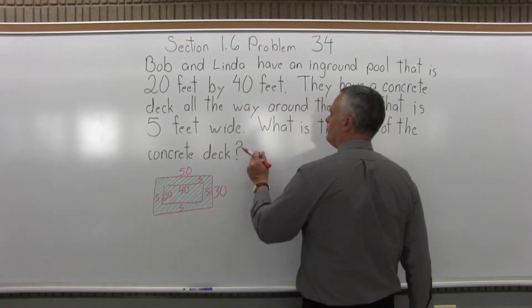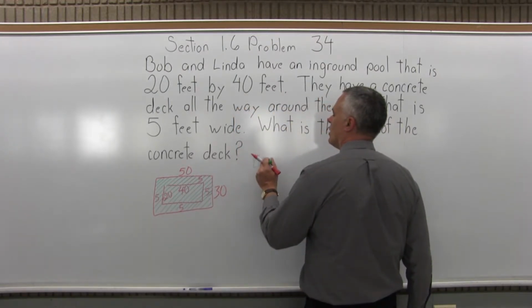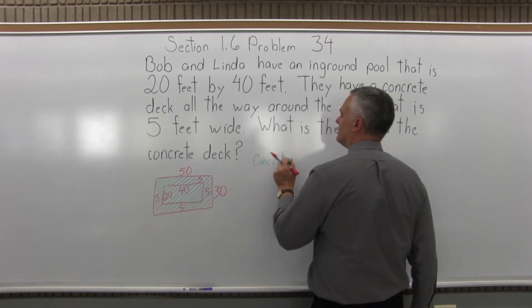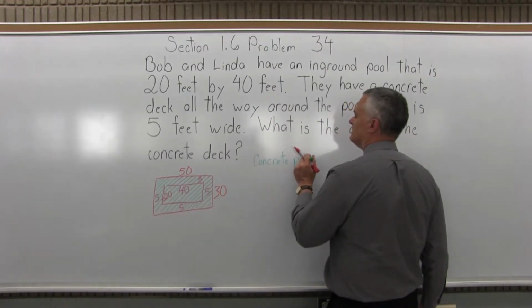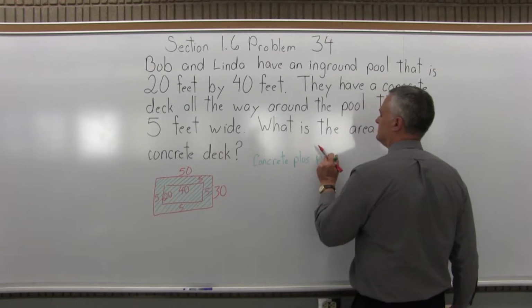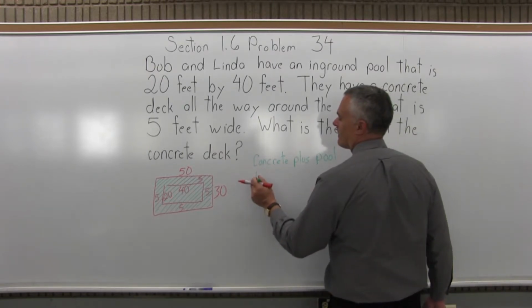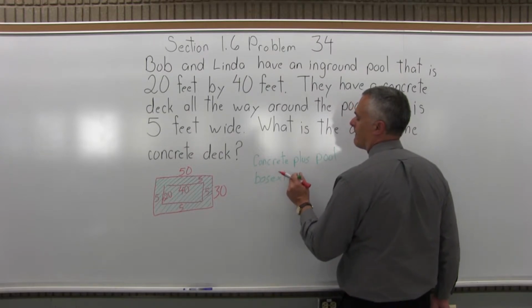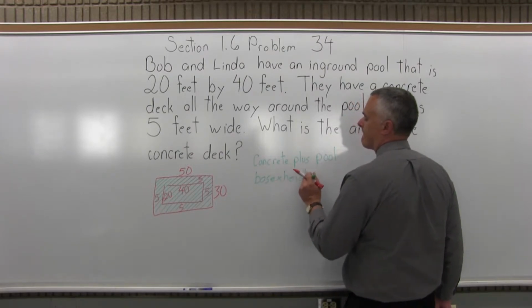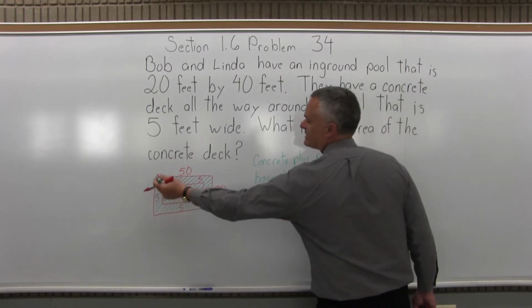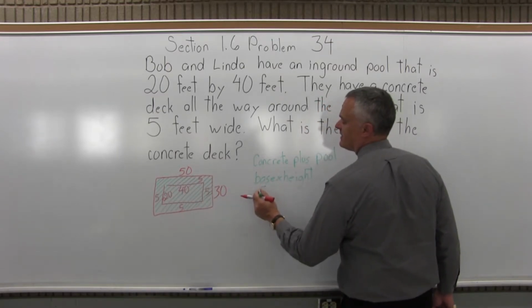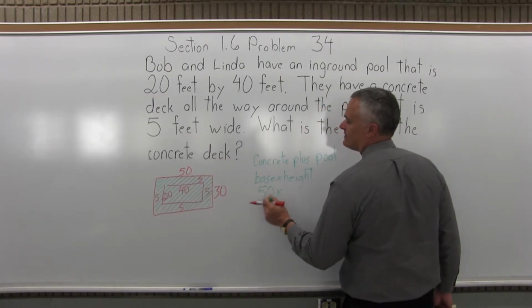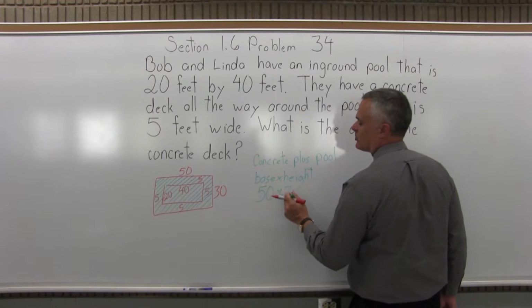So, concrete plus pool, base times height. The base, the long distance, is 50 times the height, the shorter distance, is 30.